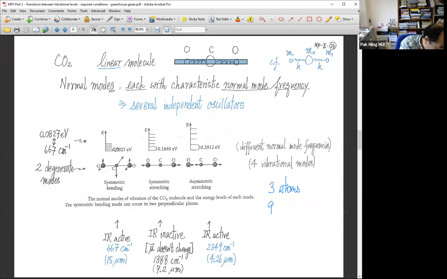All right. Now I have a linear molecule, meaning I have a rod. Okay, even though I have 3 atoms, it is linear. Okay, meaning I need 2 angles to specify its orientation.